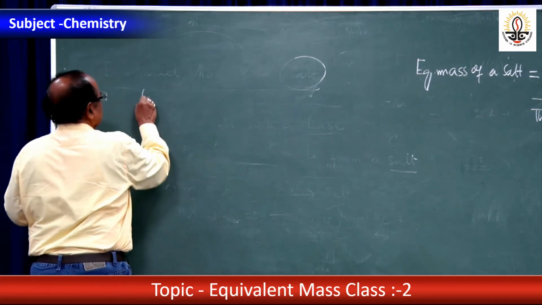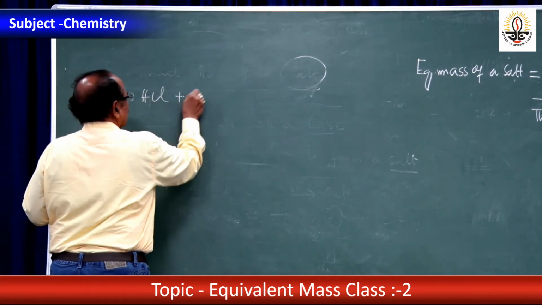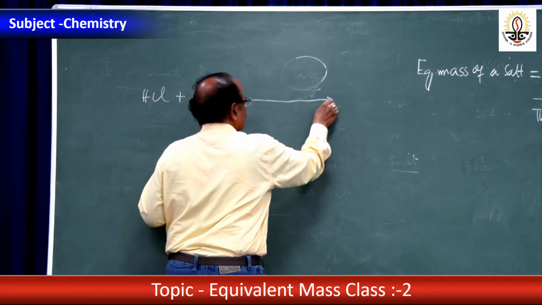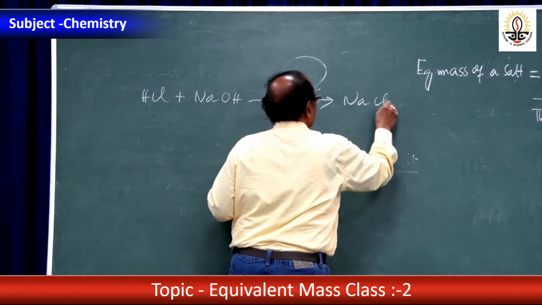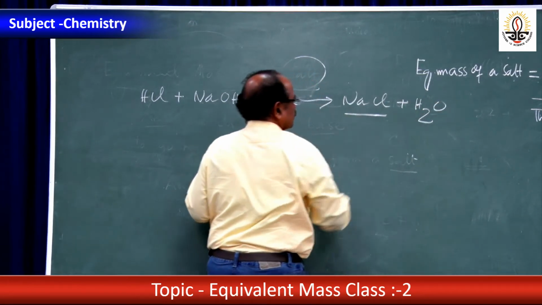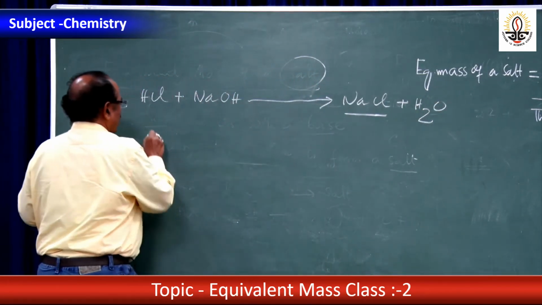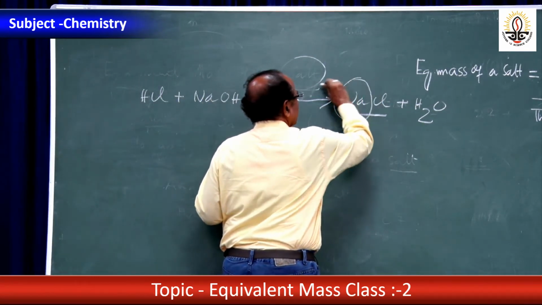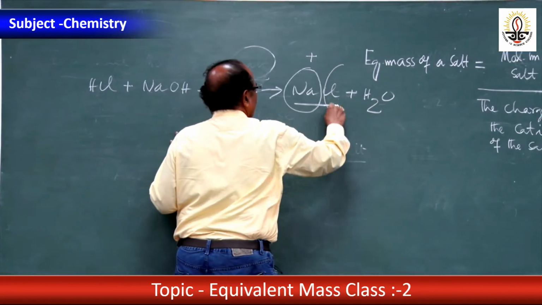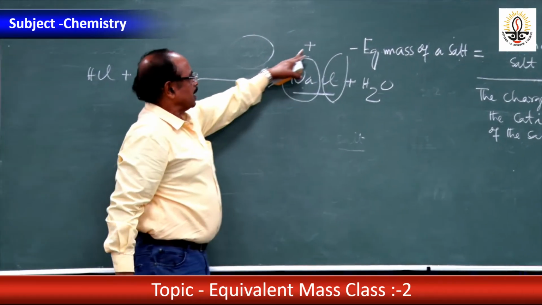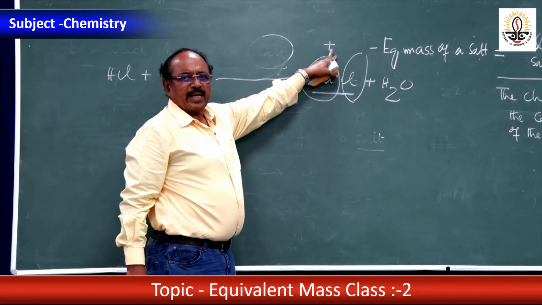Say we take HCl as the acid, and we are treating it with sodium hydroxide. This undergoes neutralization to form sodium chloride, the salt, and water. Sodium is the cation, which is plus, and chloride is the anion, which is minus. What is the charge on the cation? Plus 1.